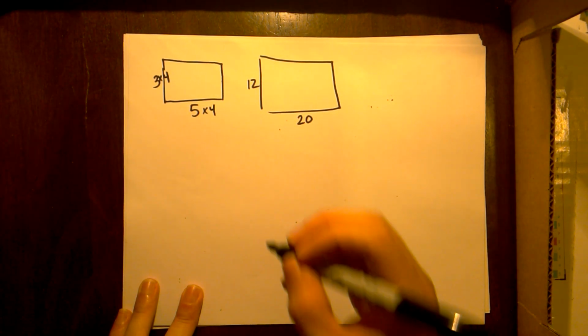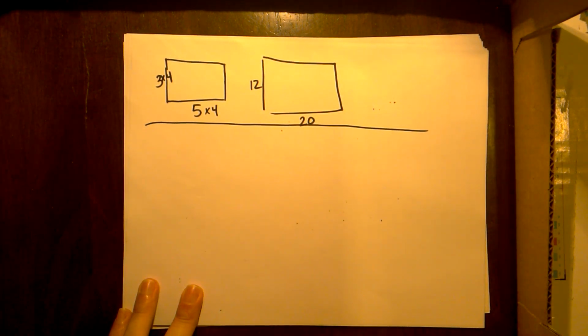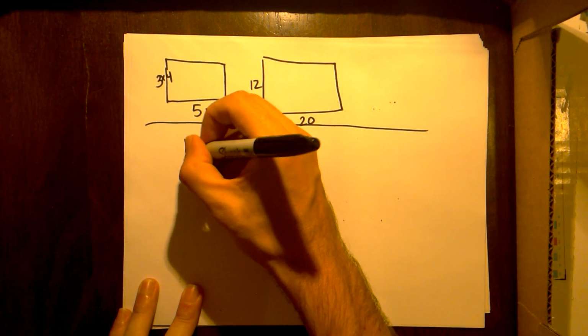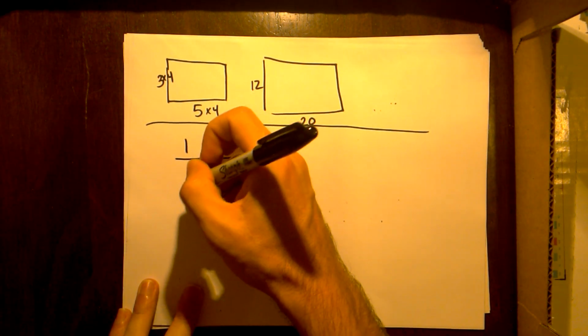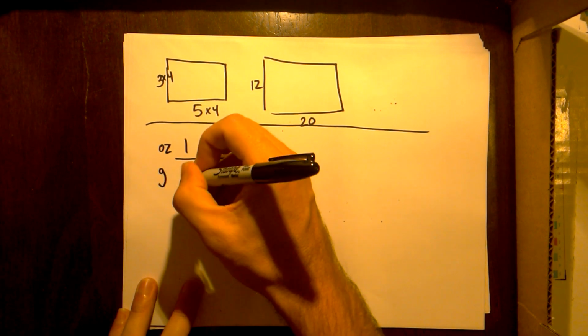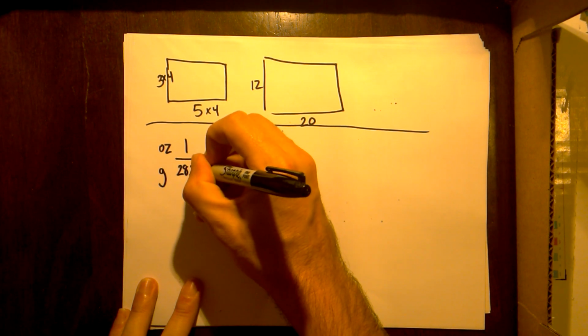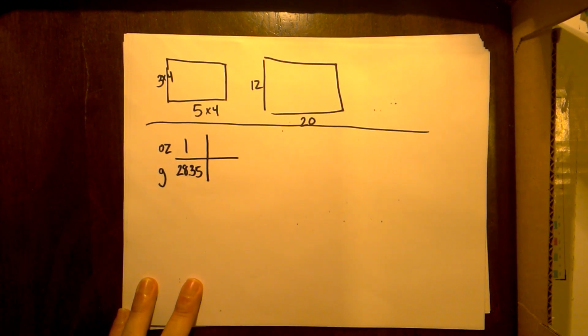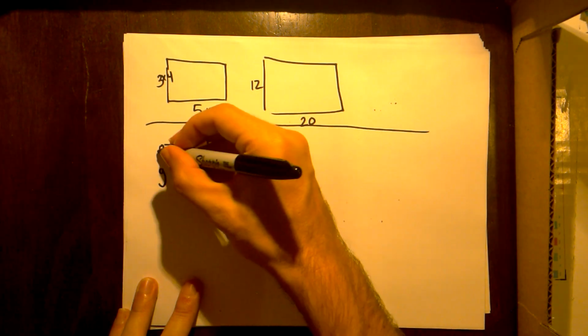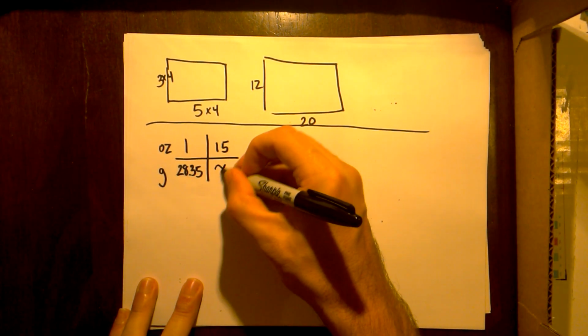Number 8. Ooh, this one's not a fun one. We have to convert 15 ounces into grams. Well, the good thing is we're told that 1 ounce equals 28.35 grams. Now I have 15 ounces, so ounces go on top, X goes on bottom.